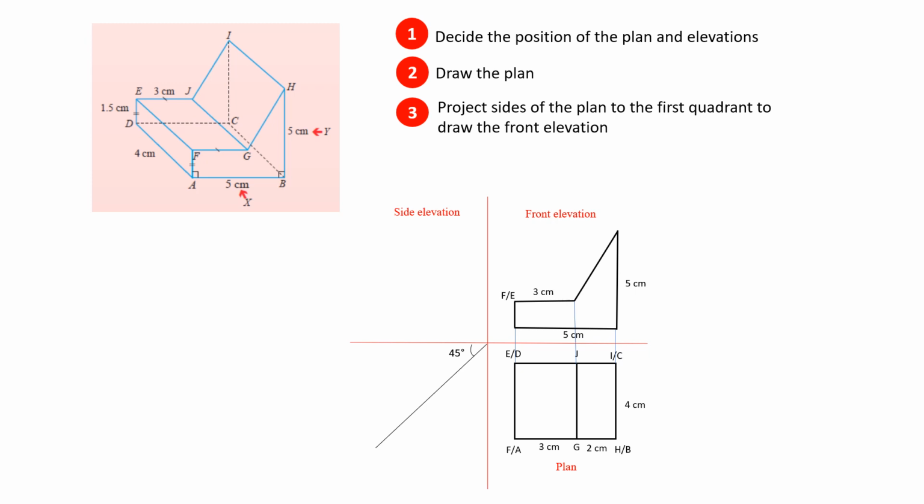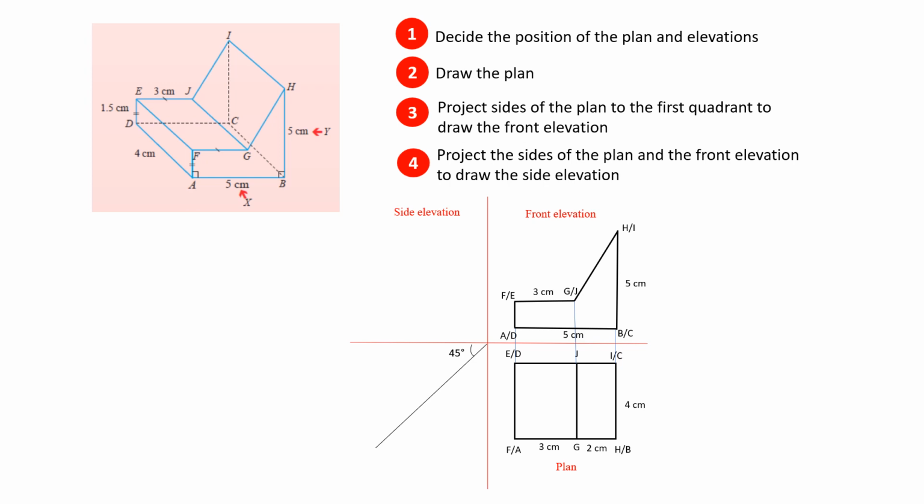Then the vertices. So as viewed from here, you should label F first, then E, and then A, D, G, J, and H, I, and B, C.